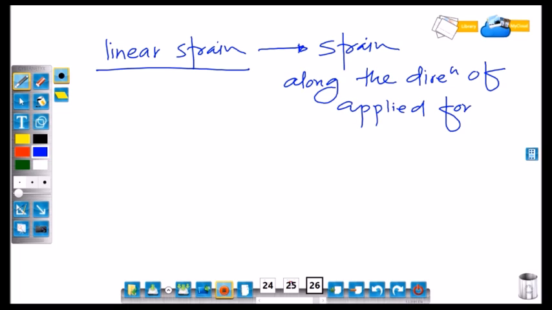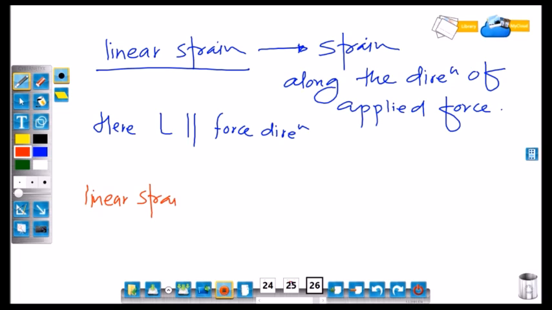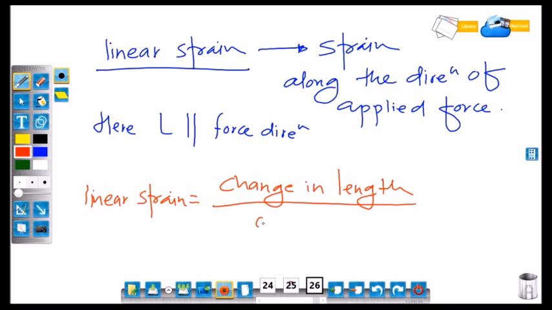Here in this diagram we see that length is parallel to the direction of force. That's why linear strain is change in length per unit original length, that is L2 minus L1 upon L1.